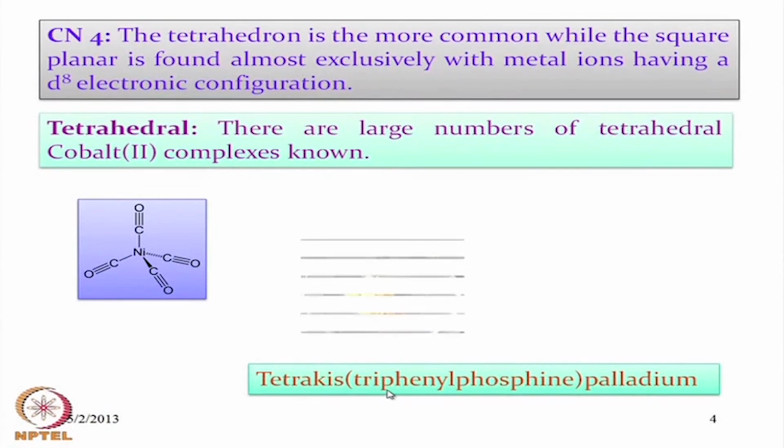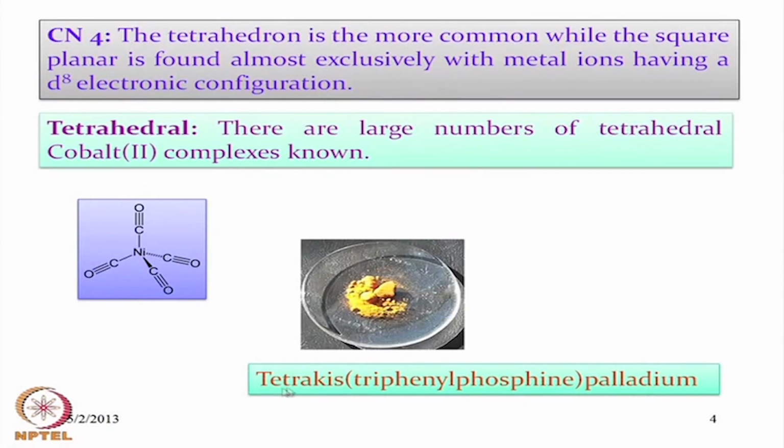Then another example of a corresponding compound is tetrakis triphenylphosphine palladium. So, like surrounding the nickel center by 4 carbon monoxide molecules, we get the tetracarbonyl nickel center. Similarly, one bulky phosphine ligand we are introducing here.